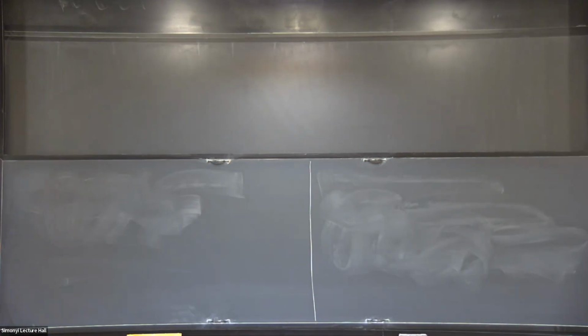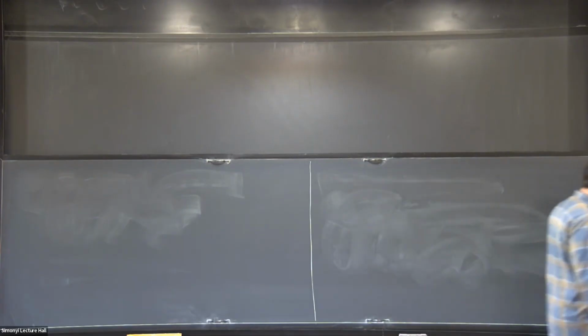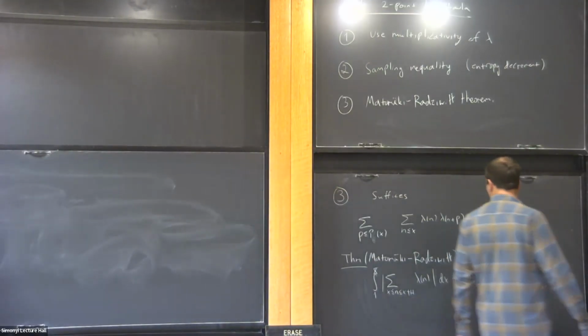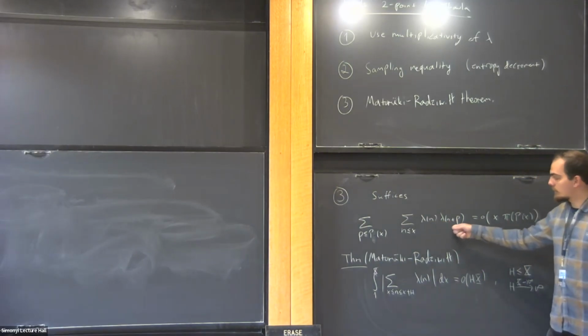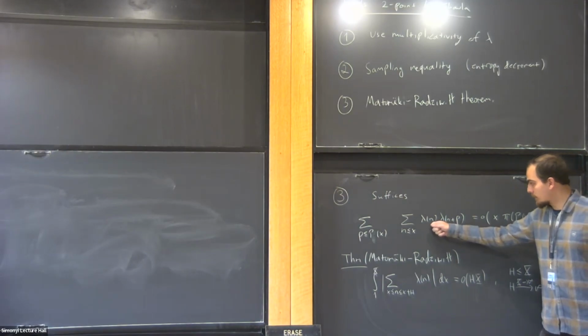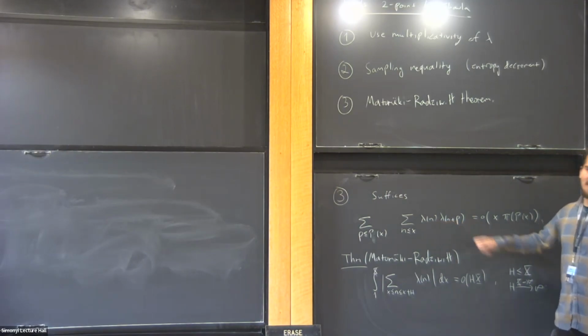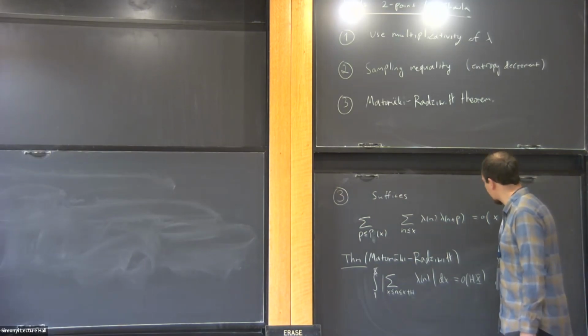What you can do is to treat this sum here as a general average over kind of progressions or patterns. So we're sort of counting how often Liouville of n is 1, Liouville of n plus 1, n plus p is 1, and p is a prime. So we're counting patterns n plus p weighted by the Liouville function.